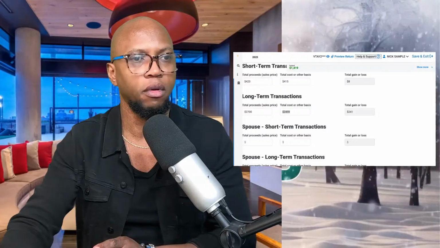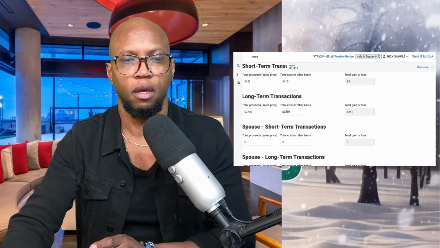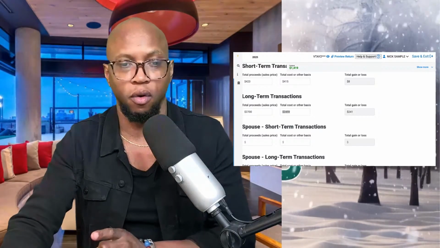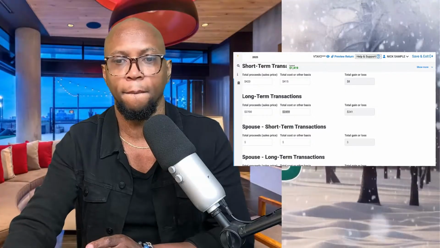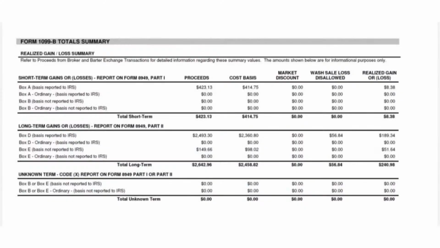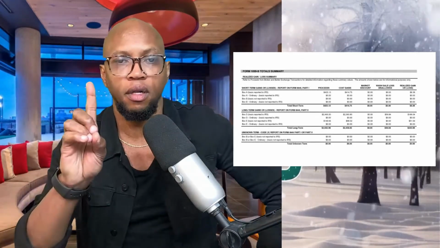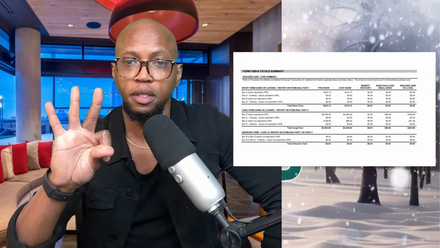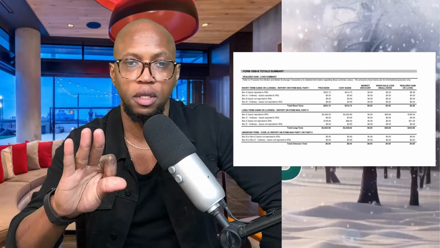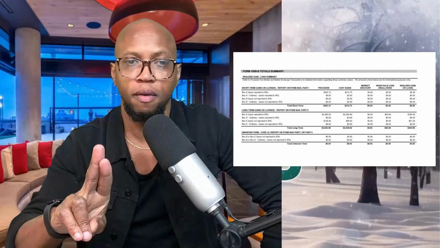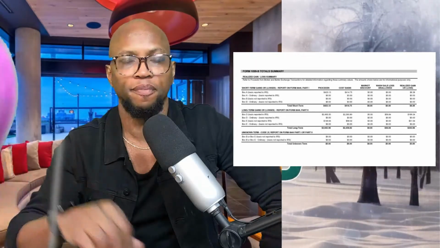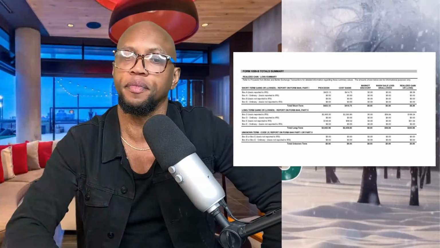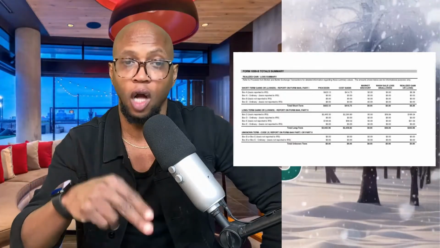You notice on this form right here that you actually have three populated columns: proceeds, costs, and sale.